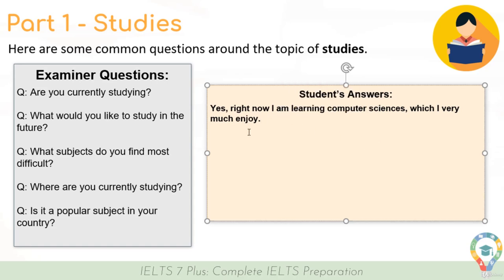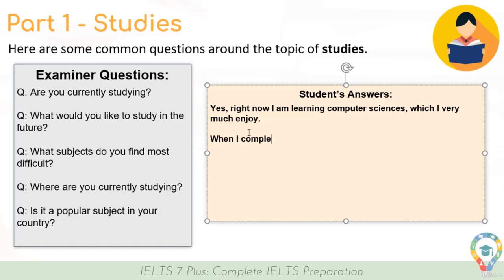Okay, let's move on to our second question. What would you like to study in the future? Okay, so in this question, the examiner is asking us about something in the future. Therefore, we should use the future tense. Let's see. Instead of in the future, how could I make this more interesting?